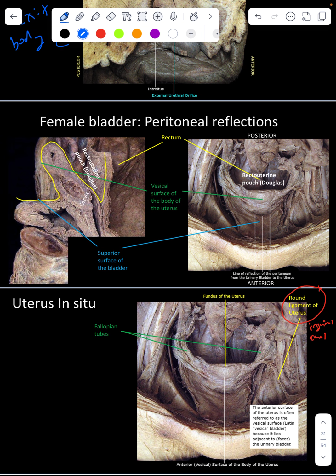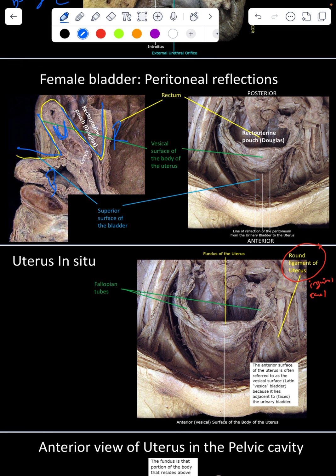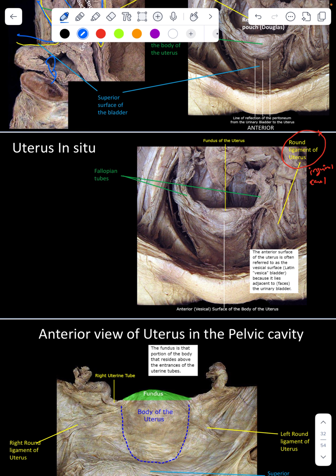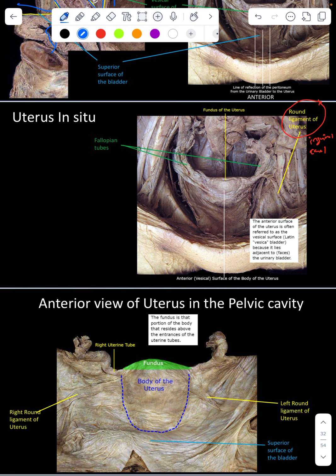So we already talked about these pouches, but bladder, uterus, rectum. So rectal uterine pouch, pouch of Douglas, vesical uterine. This is your uterus. Top of the uterus is going to be the fundus. Then the things that hang off the side are your fallopian tubes.